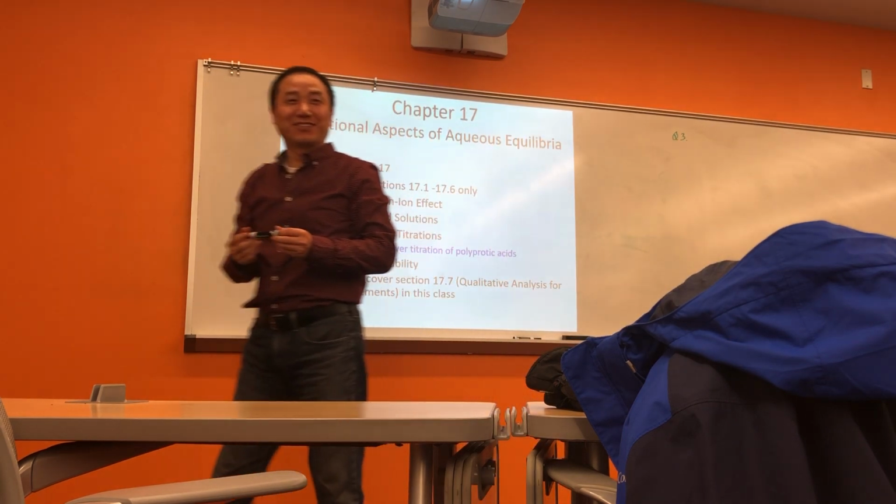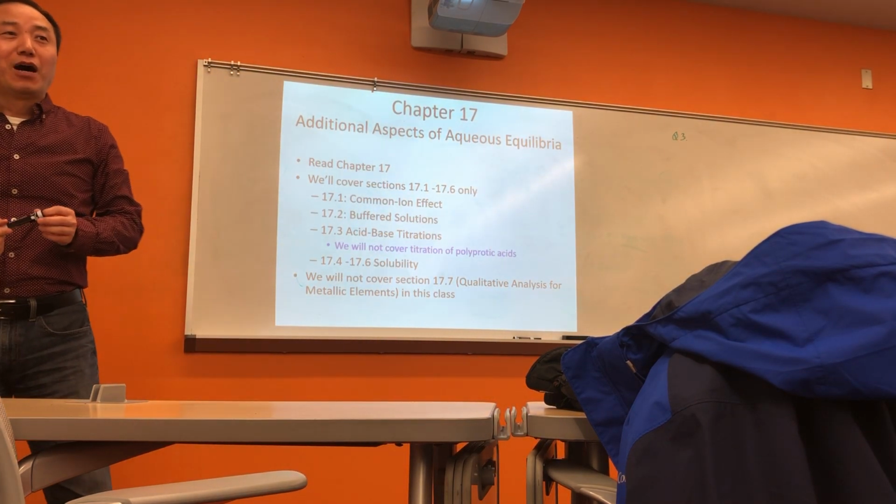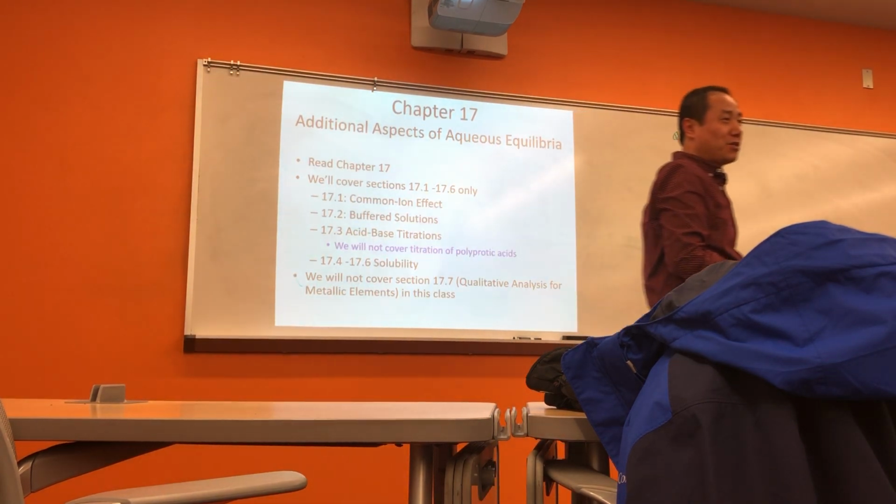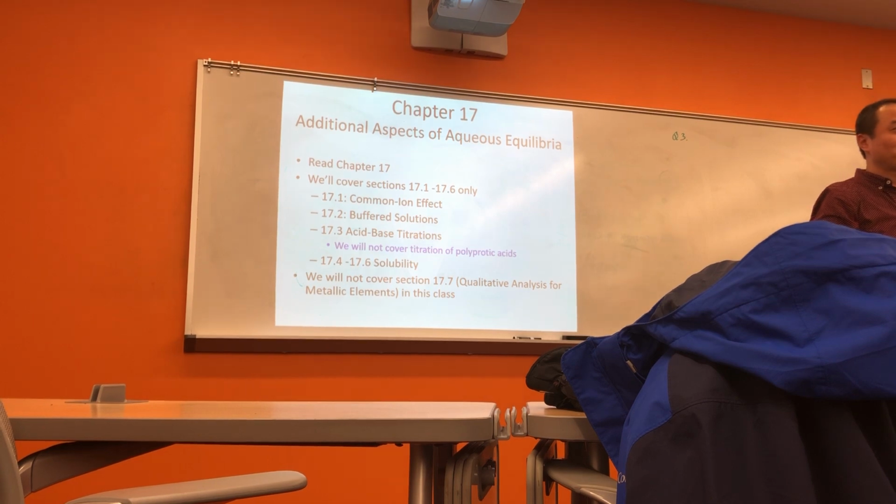What is the common ion effect? Do you know Le Chatelier's principle? Le Chatelier is a French name. What is Le Chatelier's principle? Shifting the equilibrium to one side of the reaction.